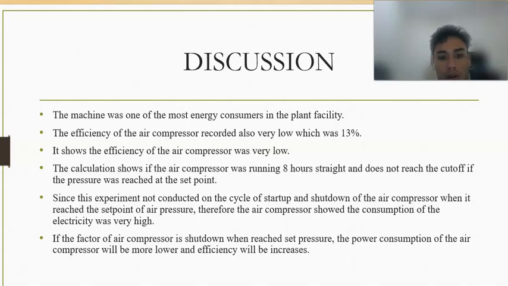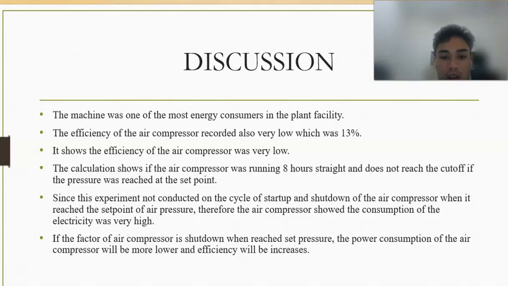Since the experiment was not conducted on the cycle of startup and shutdown of the air compressor when it reached the set point, therefore the air compressor showed the consumption of electricity was very high. This is very abnormal because most air compressors will cut off the power since the pressure inside the tank has reached the set point.